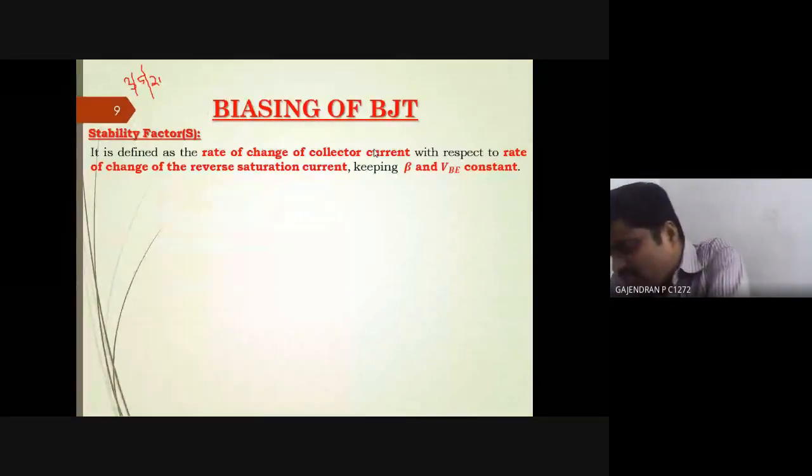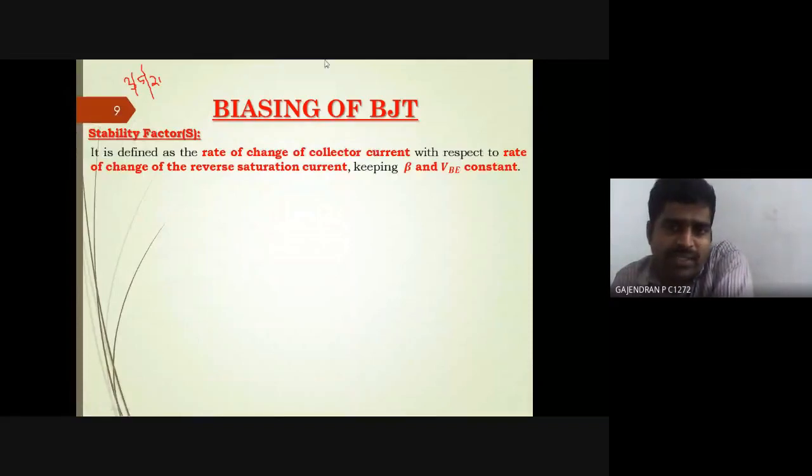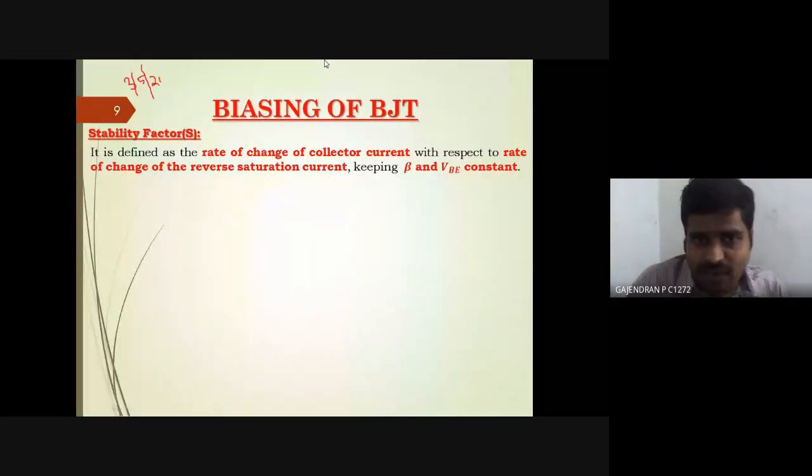Please read it once and tell by your own words. Stability factor. Yes, rate of change of two current components. Am I correct?